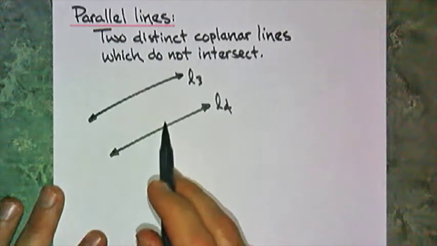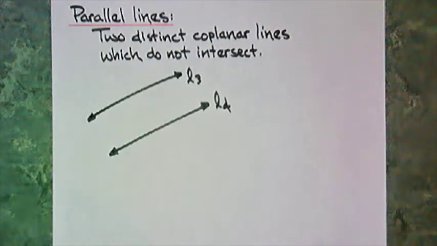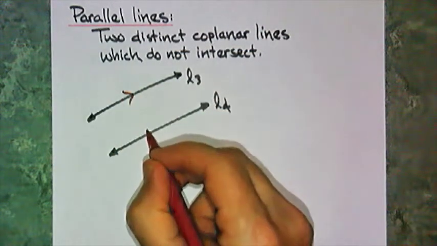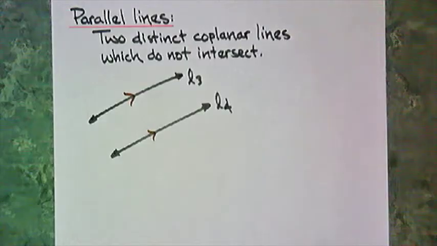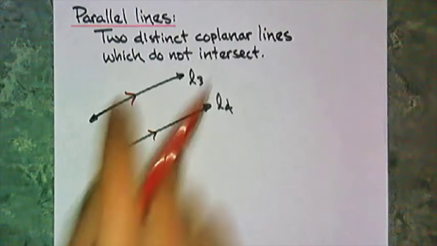If I'm going to mark those as parallel, I mark them with large arrowheads. And that tells me those two lines are parallel.